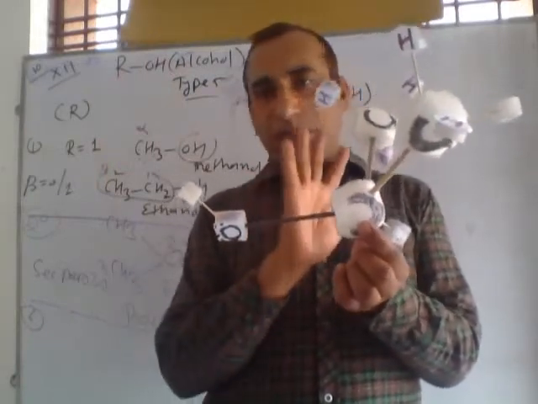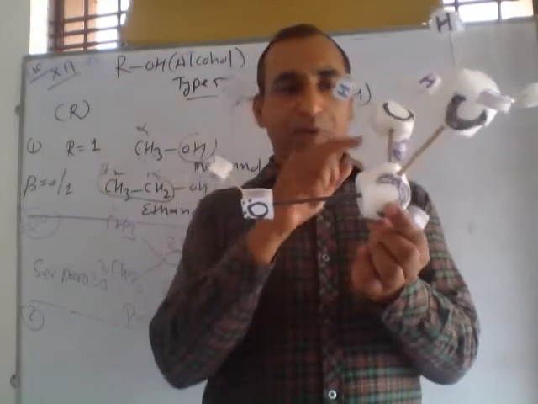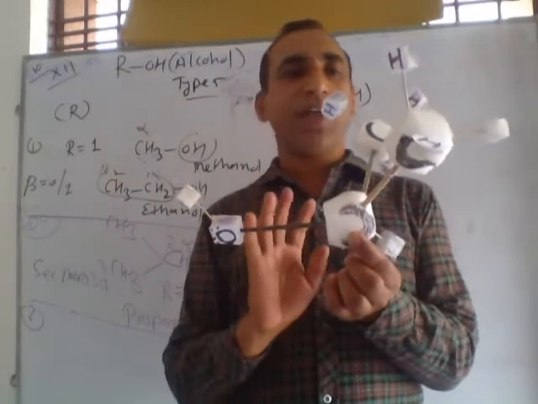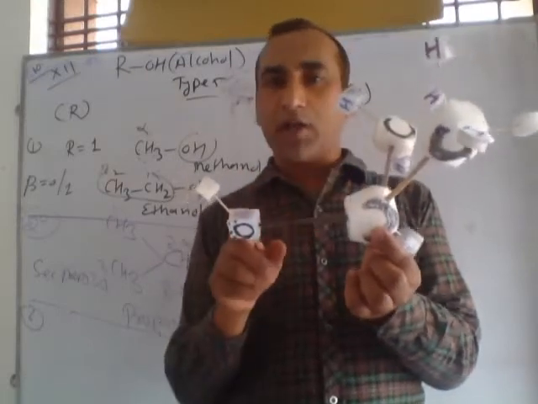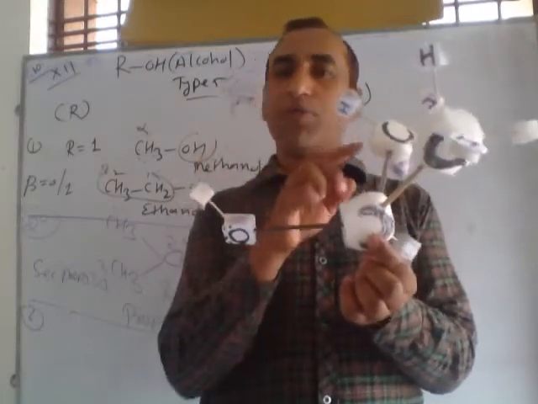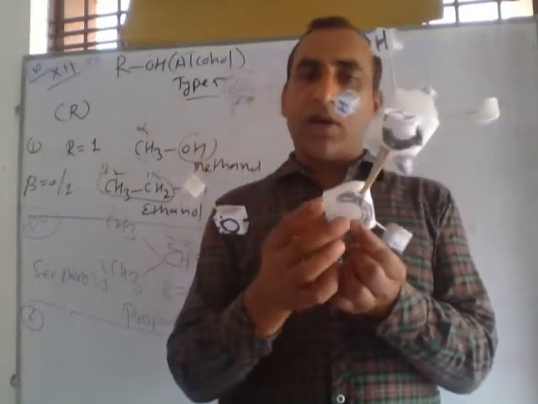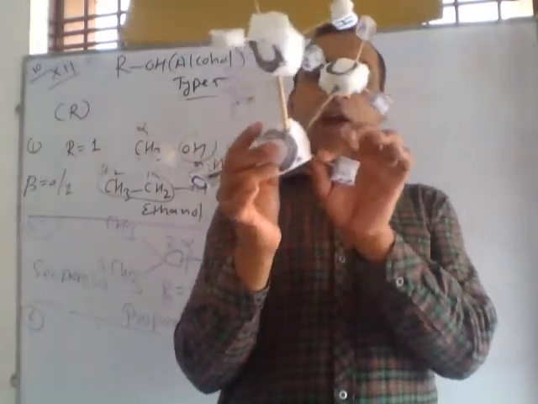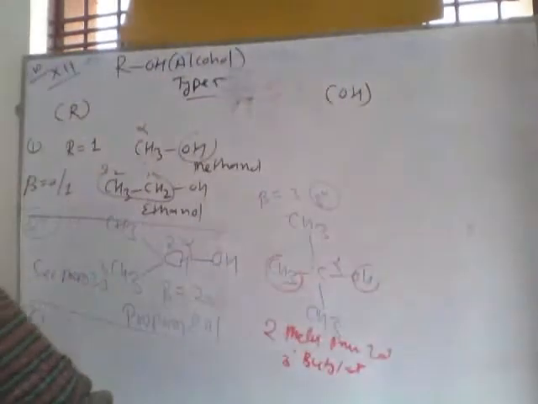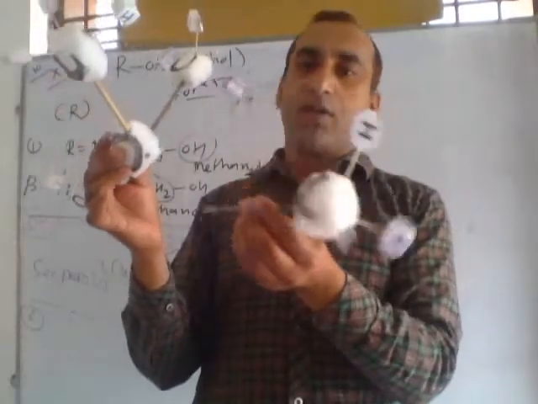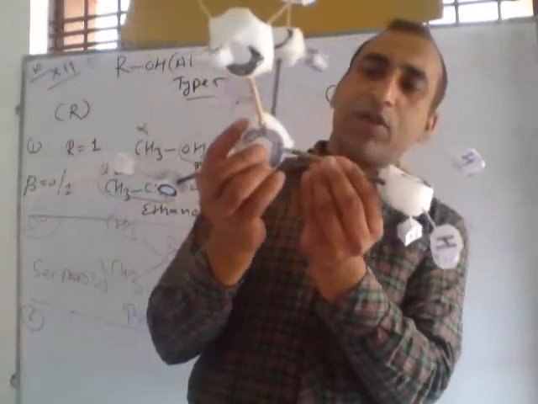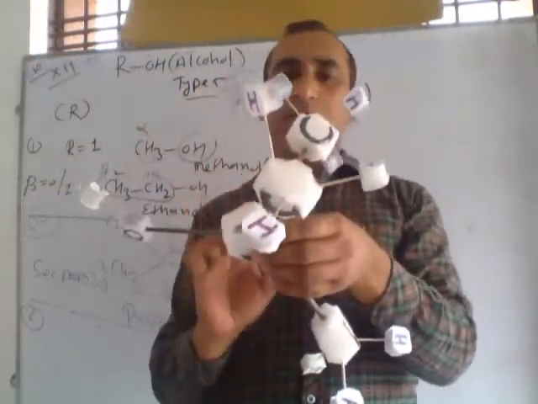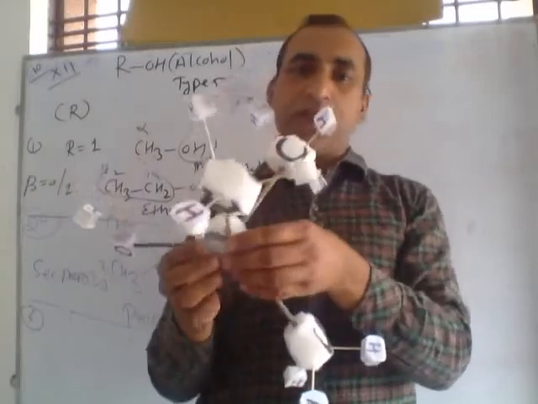So IUPAC name of this compound is propane 2-ol. On second carbon this is ol. In general we can say this is isopropyl alcohol, otherwise you can say secondary propyl alcohol. Last, if we replace this last hydrogen from alpha carbon and use another CH3 beta carbon, this type of system is called tertiary system because in this compound there are 3 beta carbon present.